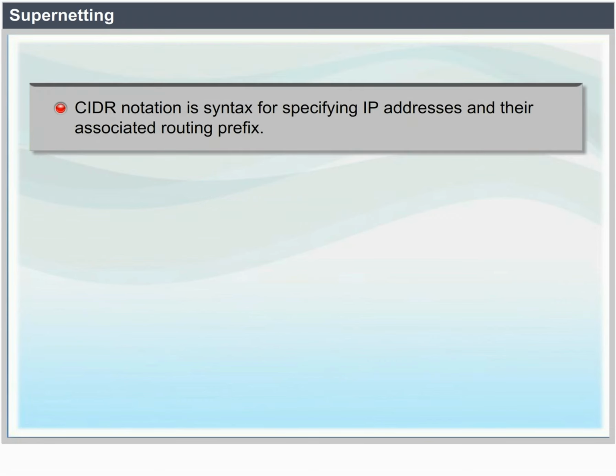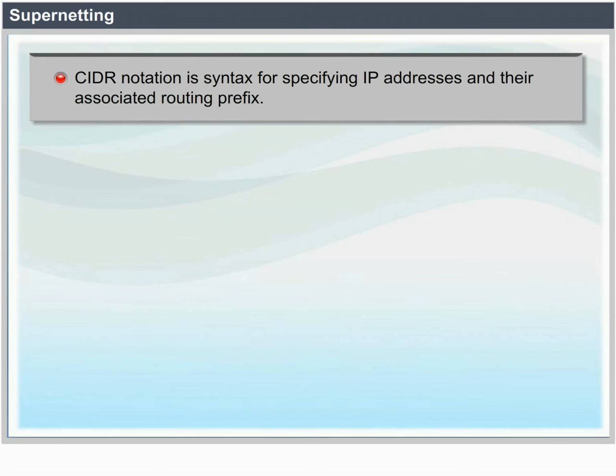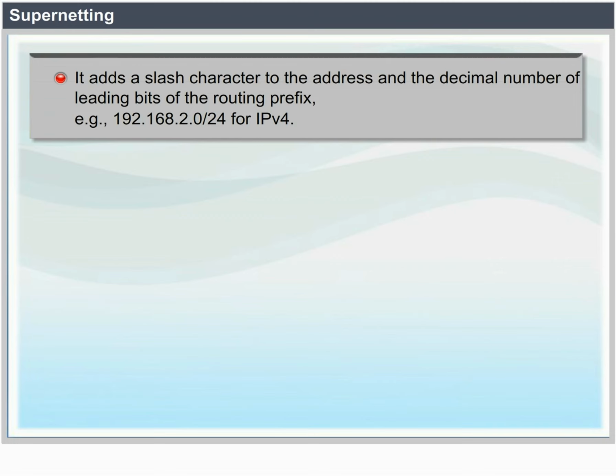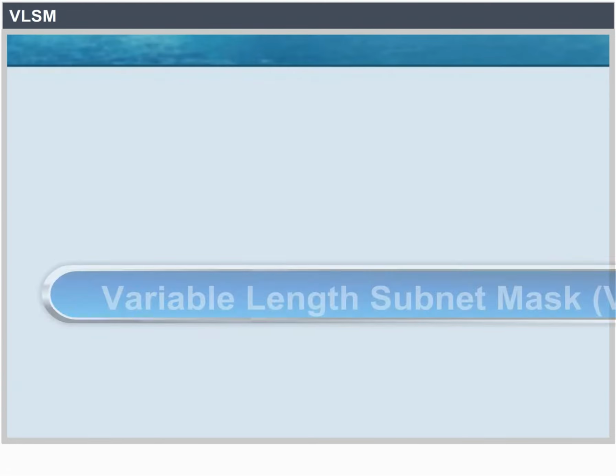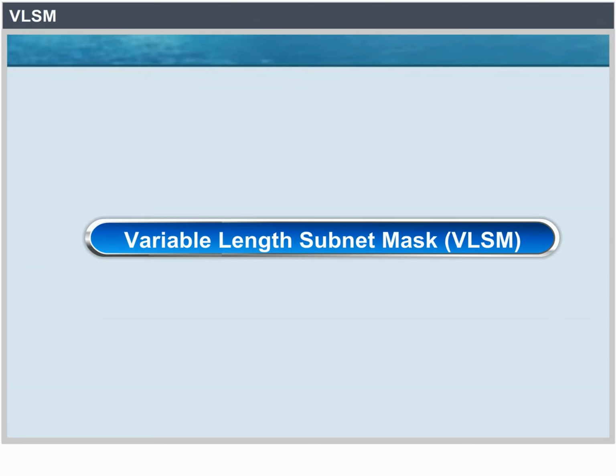CIDR notation is a syntax for specifying IP addresses and their associated routing prefix. It appends a slash character to the address and the decimal number of leading bits of the routing prefix. Example: 192.168.2.0/24 for IPv4.